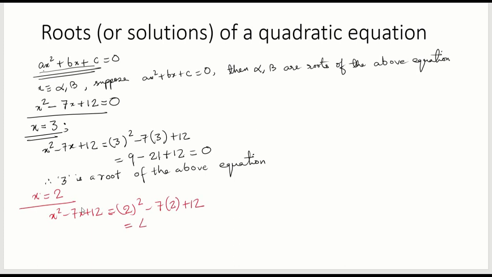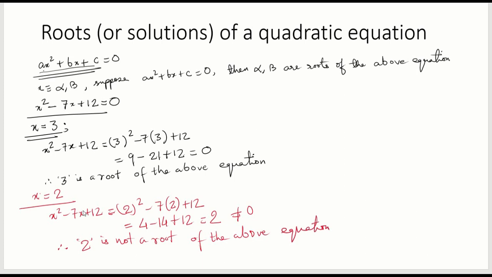What do we get? 4 minus 14 plus 12 equals 2. So this is not equal to 0, right? Here we see the left hand side is not equal to the right hand side. Therefore, we conclude 2 is not a root of the above equation.